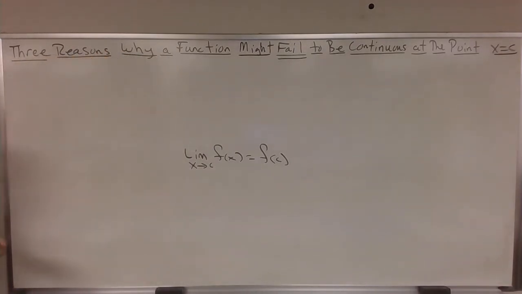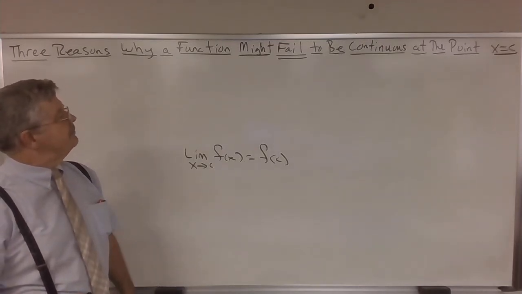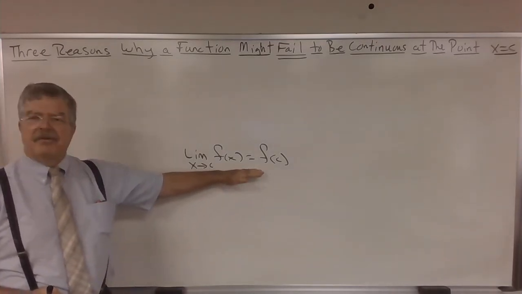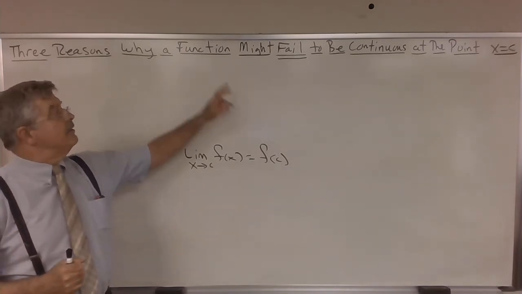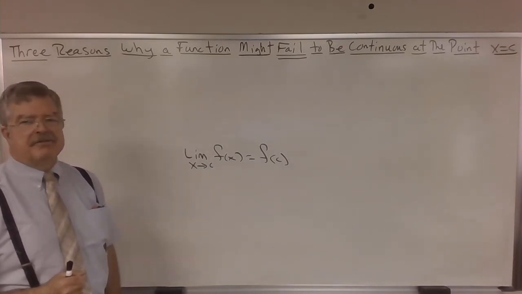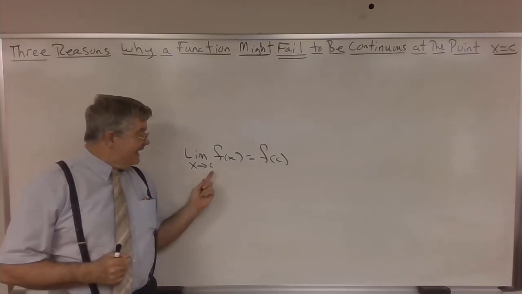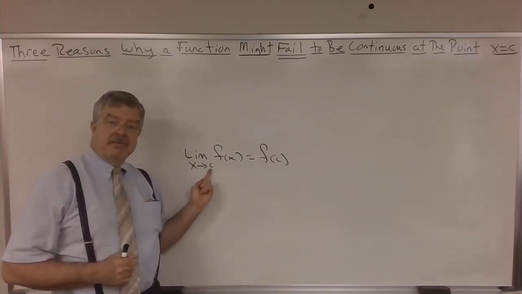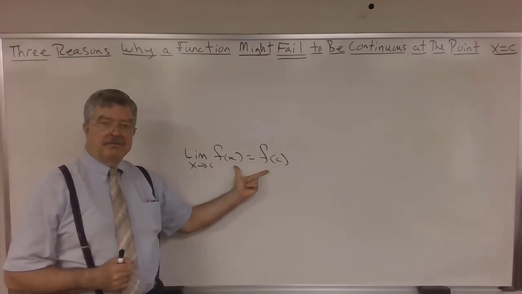And maybe the best thing to do is take a look at functions when this criterion fails to hold, or when a function fails to be continuous at the point x equals c. If a function is continuous at the point x equals c, that means that this condition holds.